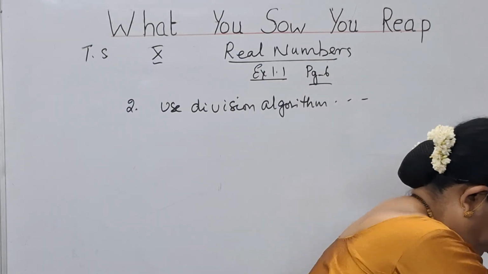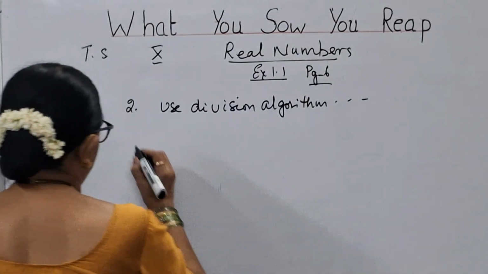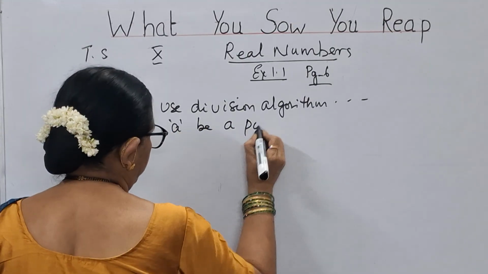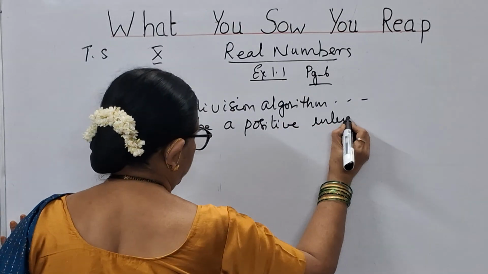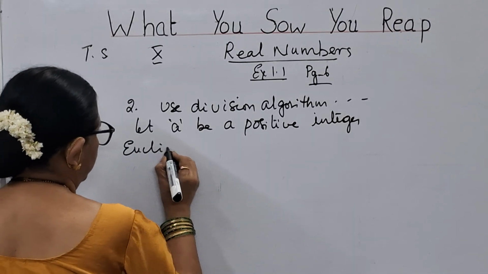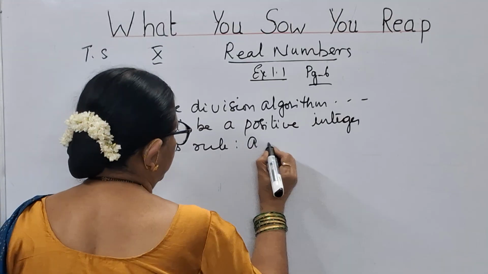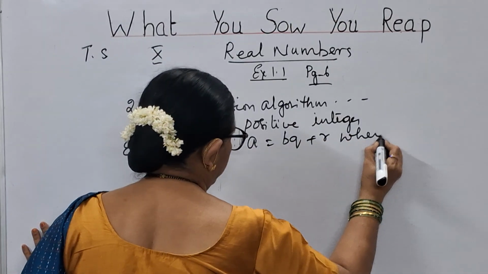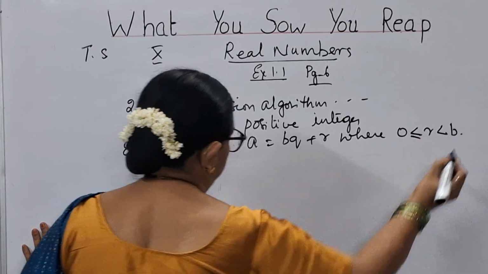So let us suppose that a be a positive integer. Euclid's rule says that a is equal to bq plus r, where 0 is less than or equal to r less than b.